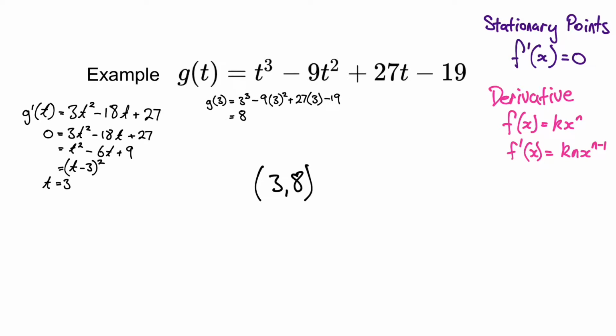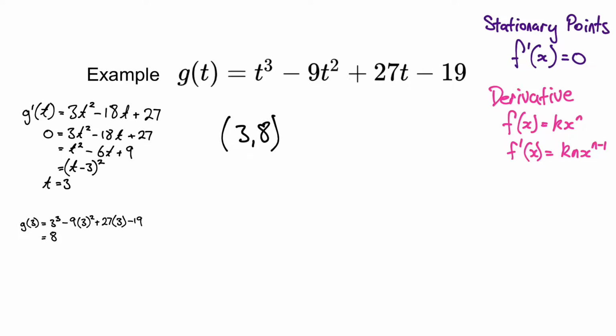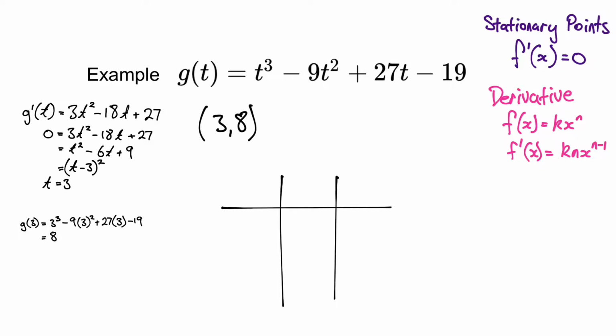Now we just need to determine the nature of our stationary point, and we do that again by drawing up our tables. So now let's put together our graph. Then we put in our stationary point, so our g prime of t in this situation is going to be equal to 0. Now we're going to begin by looking at a negative point, so our g prime of t minus h.